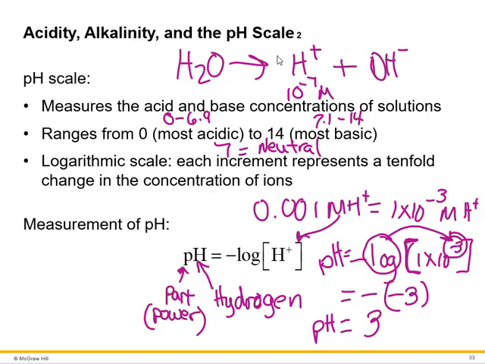And if you have that and it's equal, it's going to be 10 to the negative 7th hydroxide. And so that is why. But anyway, these two would be the concentration.